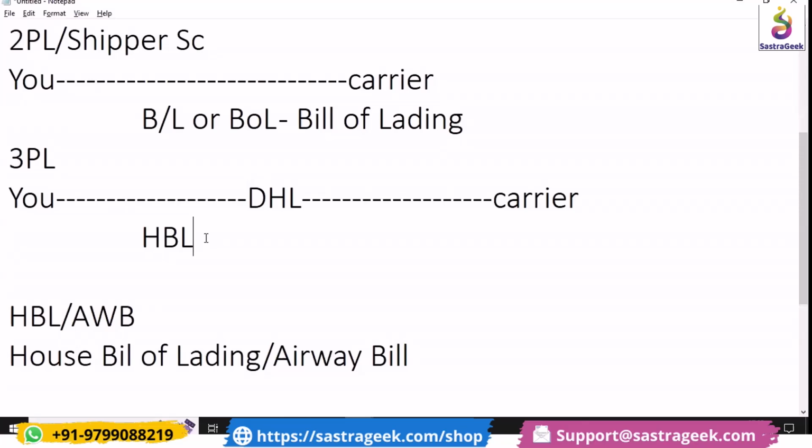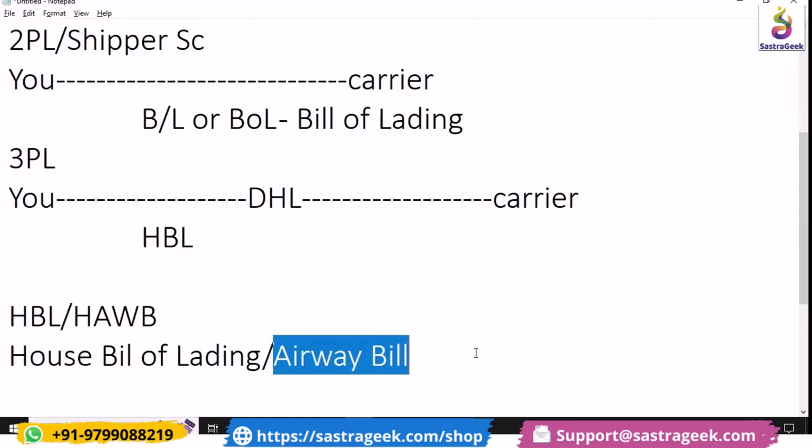And in case you are transporting your goods via air, that will be termed a house airway bill number, which in general terms is also called an airway bill number.